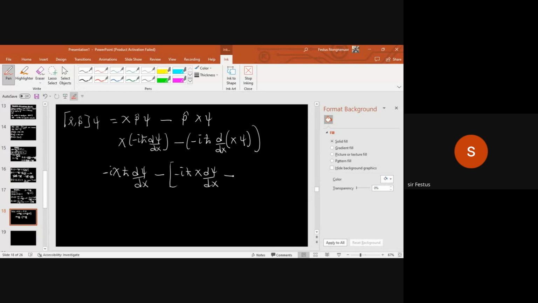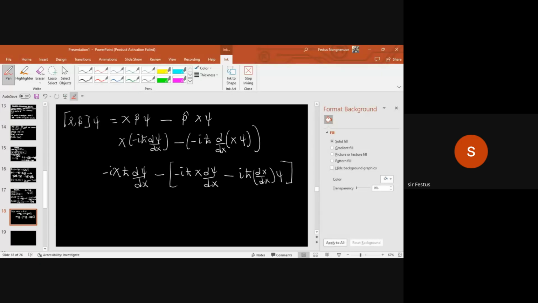So minus i h, we also keep psi as constant, then we differentiate the x. So the derivative of x is 1, and here will be psi. We put this bracket there.